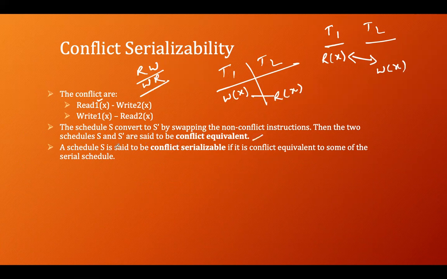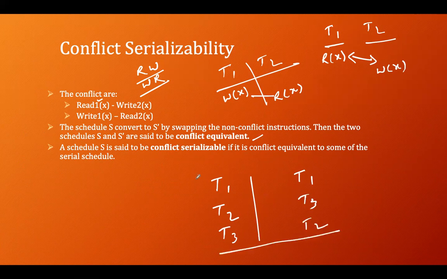It means that if we have a schedule, let's say T1, T2 and T3, and I make another schedule, let's say T1, T3 and T2, and in both schedules all the conflicts are there, whatever conflict is here, the same conflict is here, then these two schedules are called conflict equivalent.